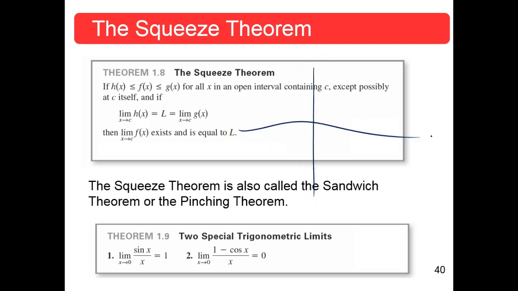That's not a very good horizontal line. Sine x goes something like this, okay? Right? As x is approaching 0, of course, sine x is approaching 0, right? 1 over x, as x is approaching 0, 1 over x is approaching 0.